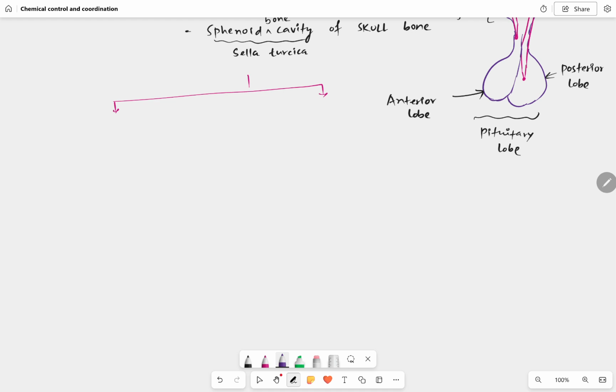The adenohypophysis has two further divisions: the pars distalis and the pars intermedia.